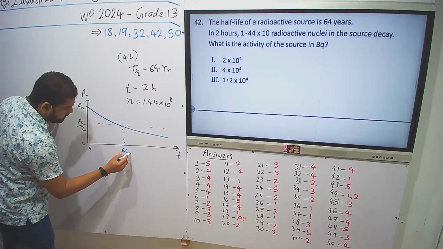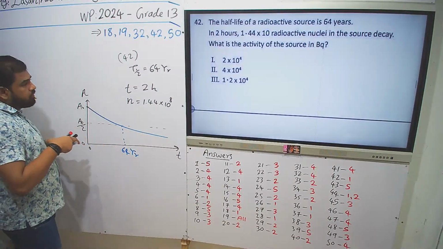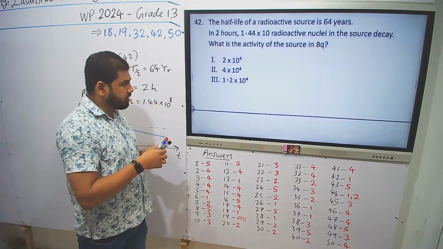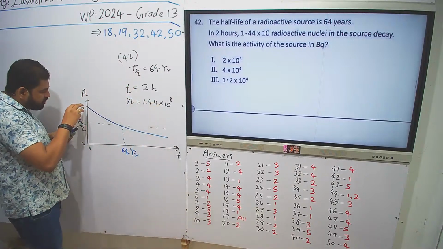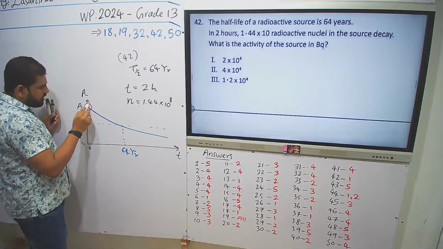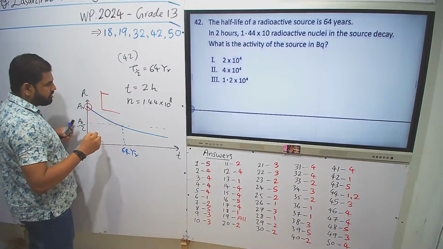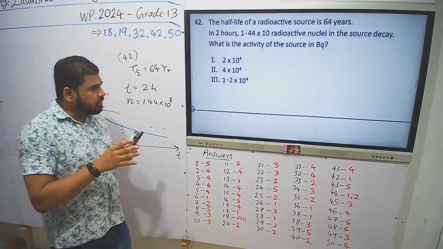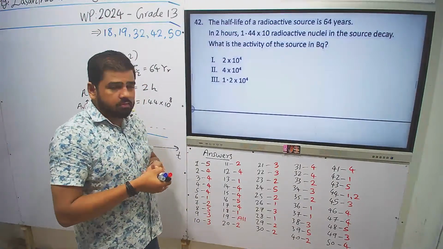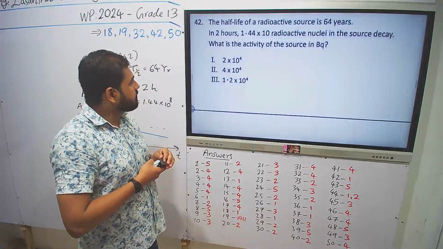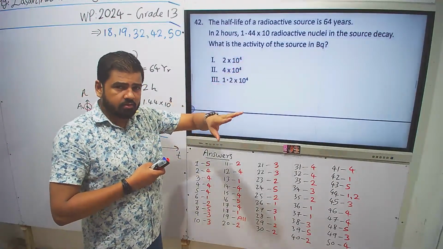Now we are talking about only a 2 hour time period. If you zoom in, 2 hours is almost like this part, like a flat line. So that means you have almost constant activity during that 2 hour period.